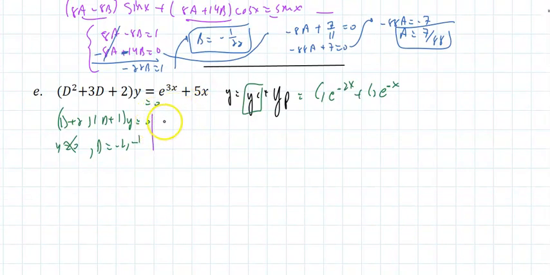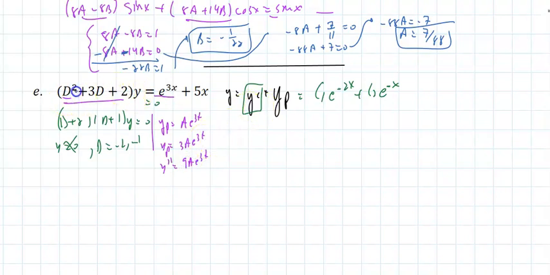The particular has two parts, not a problem. I'll take each one individually. The particular associated with e to the 3t is a e to the 3t. I need two derivatives. Y prime is 3a, and y double prime is 9a e to the 3t.